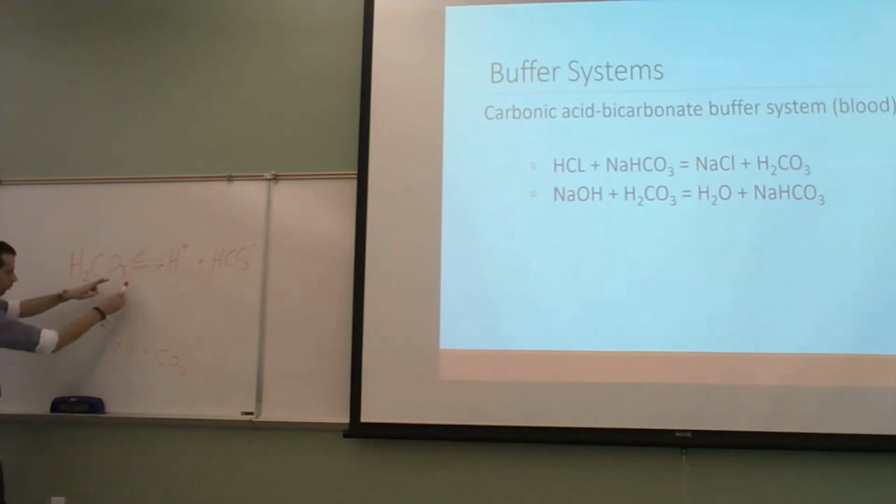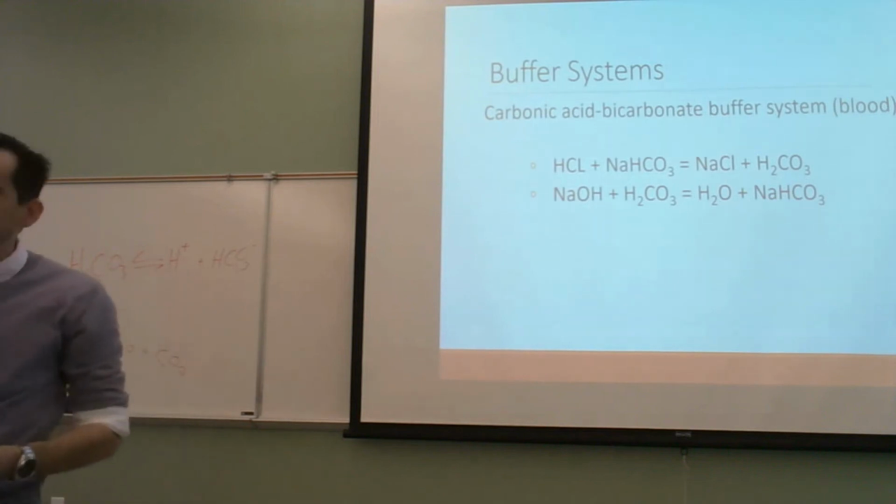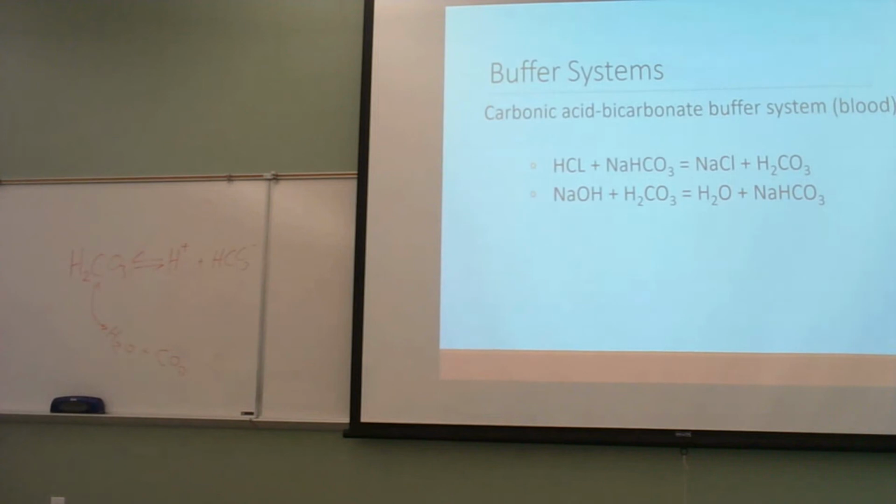Arrows that are going in two different directions. In chemistry, we use those arrows when we refer to something called an equilibrium. It implies that this reaction can take place in both directions.